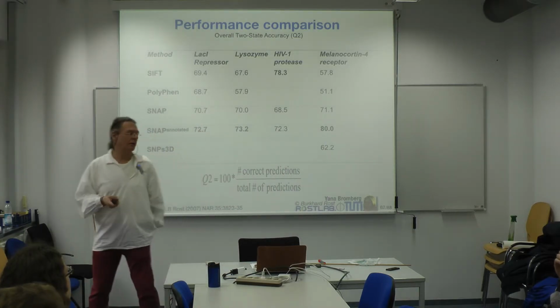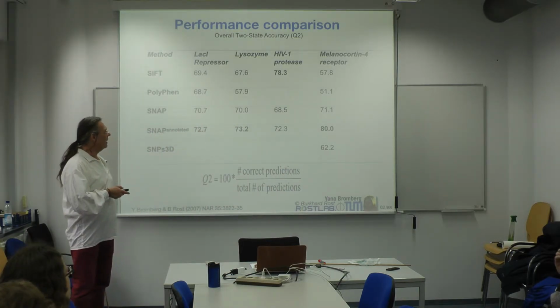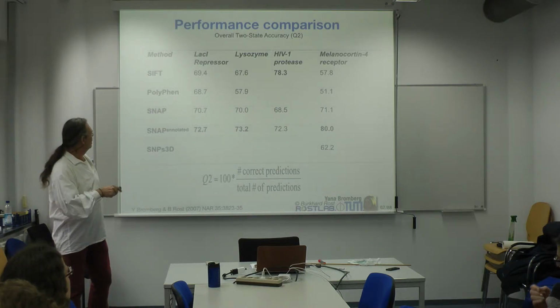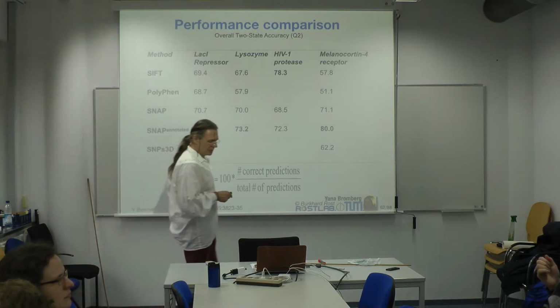Okay? So in not all columns, for HIV protease, for instance, SIFT was better than our method. And in those days, that essentially was what it was.